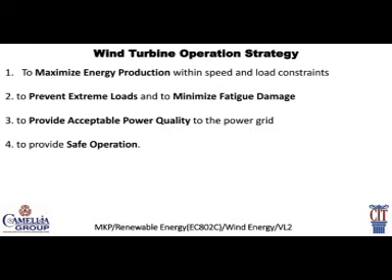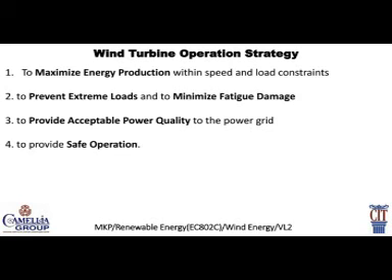Now let's understand the strategies behind wind turbine operation. There are four strategic objectives for wind turbine operation systems. Firstly, to maximize energy production while keeping the operation within the speed and load constraints, because we cannot go beyond speed and load constraints.